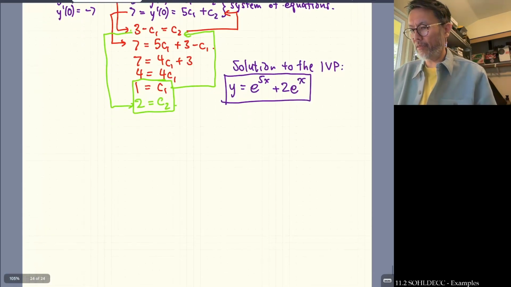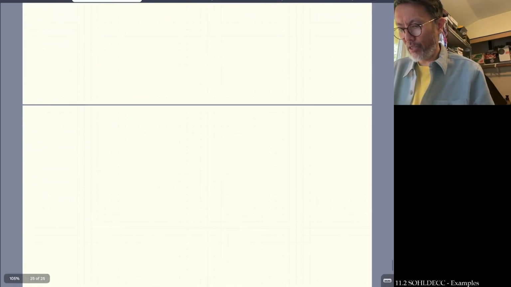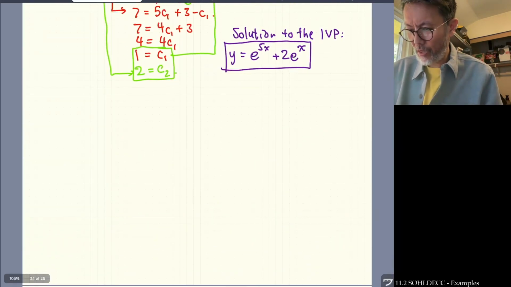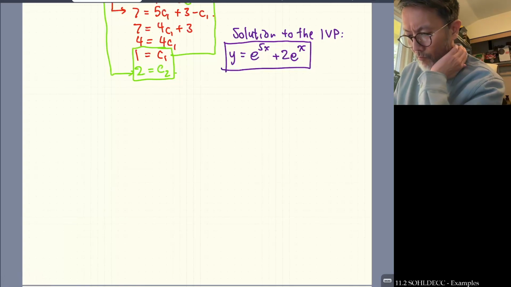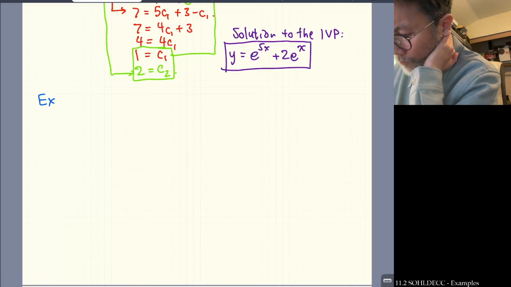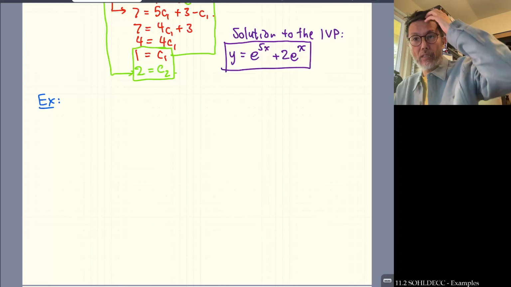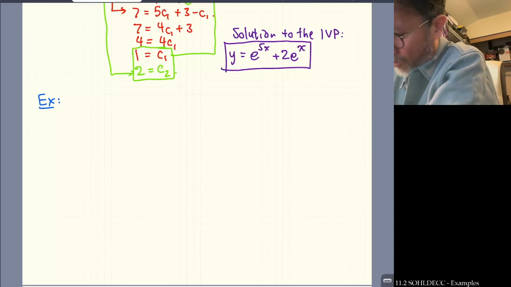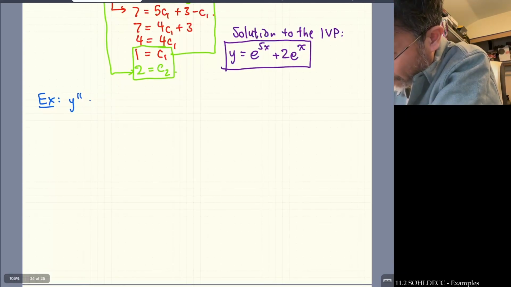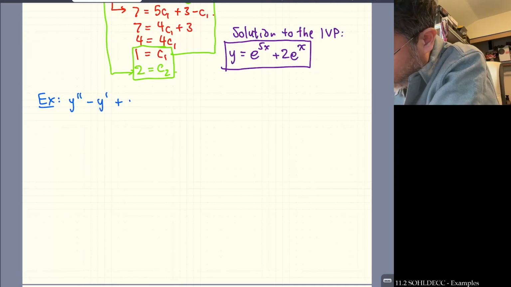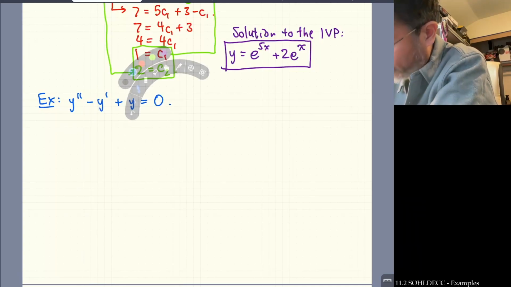Okay, makes sense? Let's do another problem. How about y double prime minus y prime plus y equals 0.